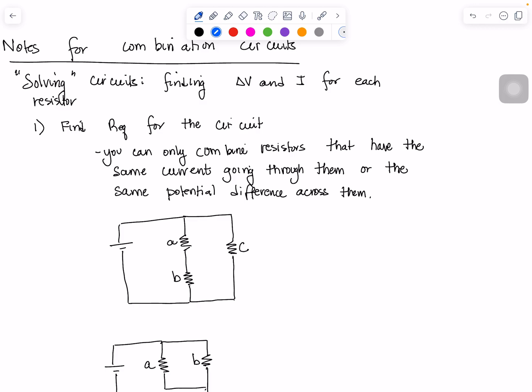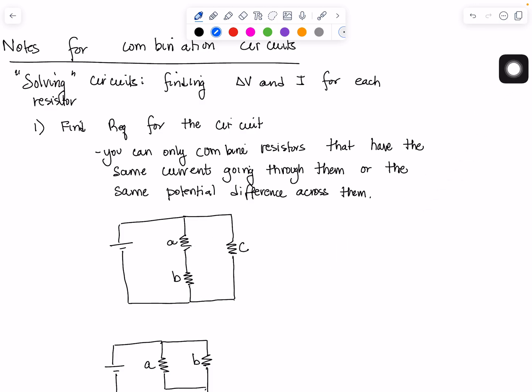You can only combine resistors that have the same current going through them or the same potential difference across them. When I look at resistors A, B, and C, one of them is in parallel with the source, and these two are in series with the source.